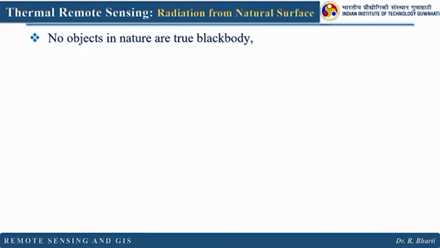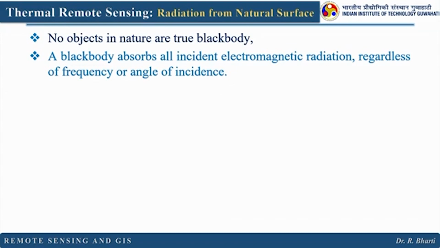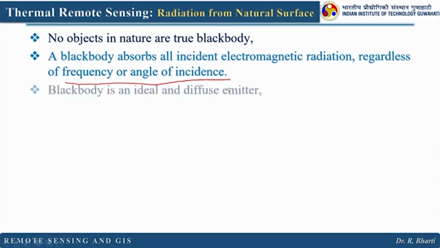Now let us see radiation from natural surfaces. What exactly are we doing here? No objects in nature are true black bodies, so everything is a gray body, right? A black body absorbs all incident electromagnetic radiation regardless of frequency or angle of incidence, right?